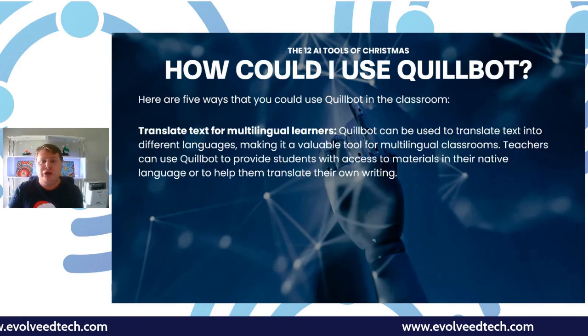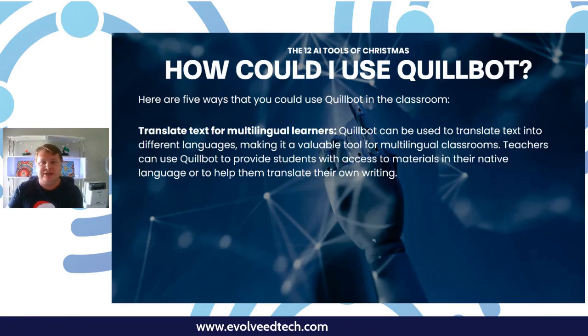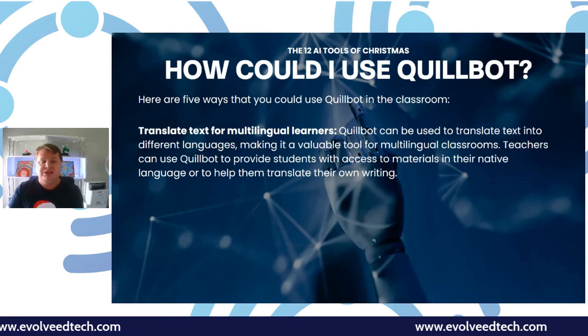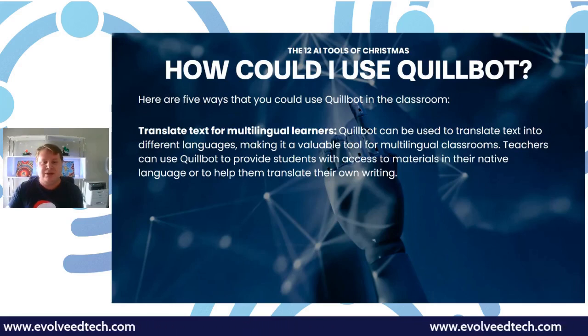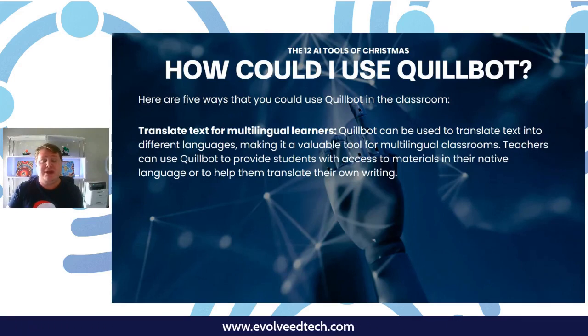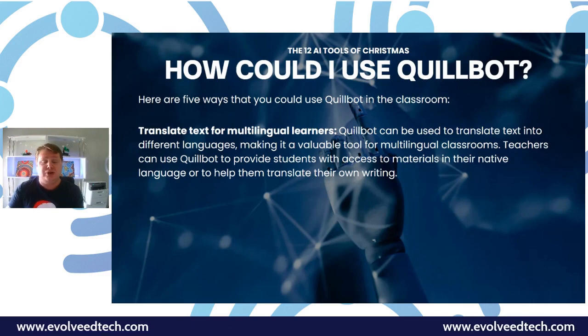And finally, you can actually translate text for multilingual learners. That is a fantastic element of Quillbot. So with Quillbot, you can use the translate text features to translate text into different languages. So this is a really valuable tool if you have students from a number of different language backgrounds in your classroom.